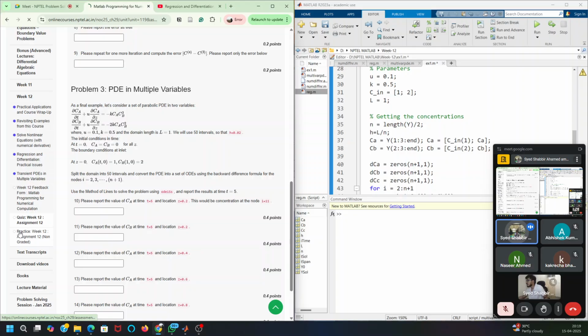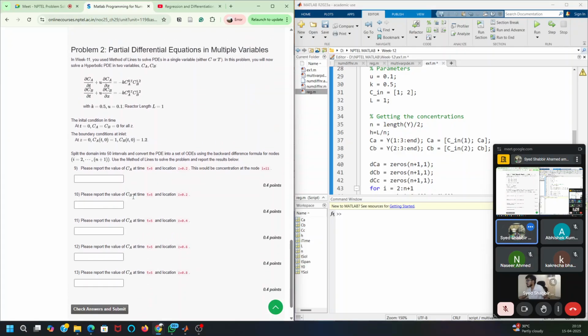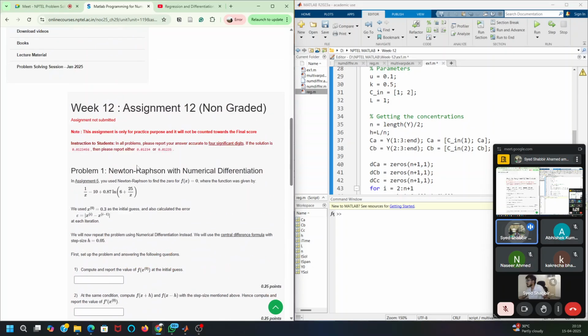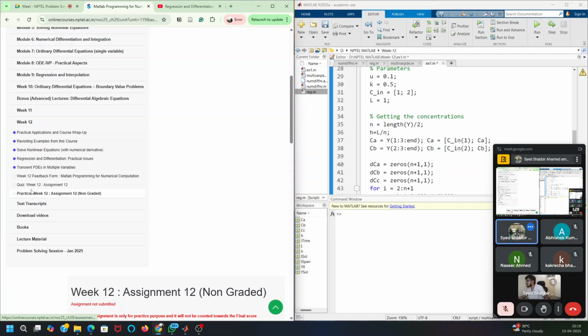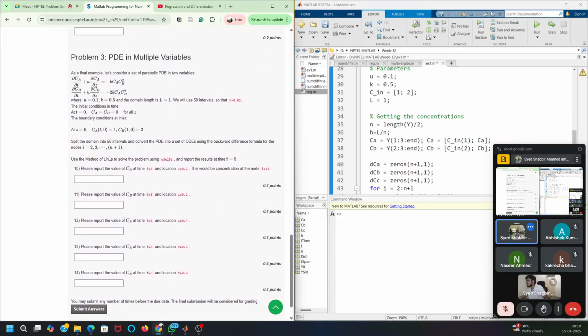There is some error, I think, in this. This should be T, otherwise we cannot solve this.